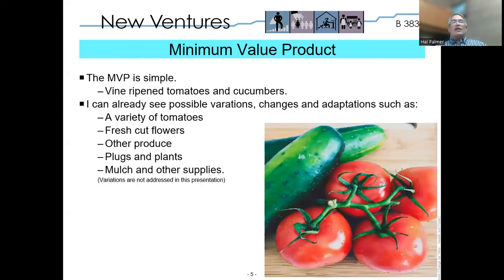So that brings us to our product, and it's a simple product. The minimum viable product is a vine ripened tomato and cucumber. Now, as we have started through the process of examining this business and going through it, I can already see possible variations and changes or adaptations.